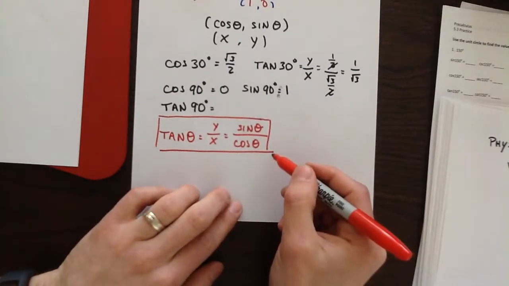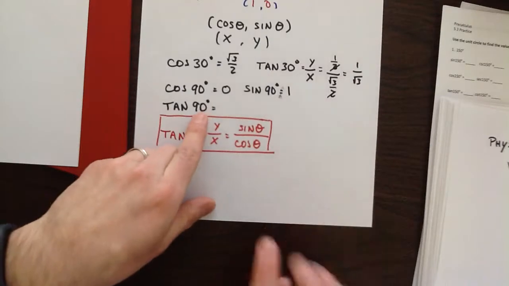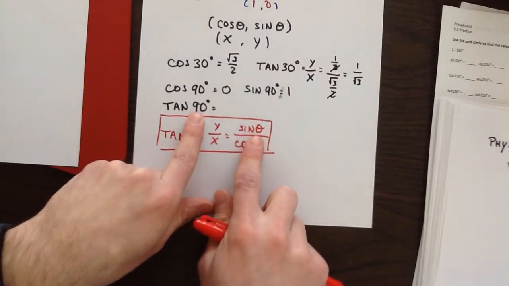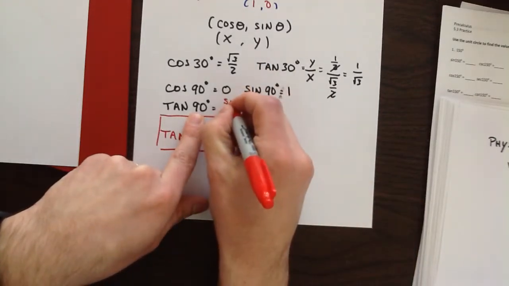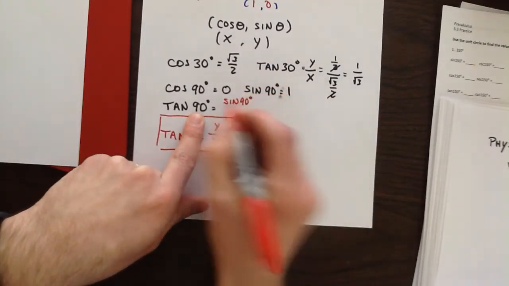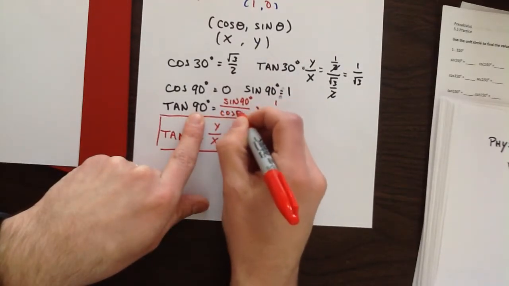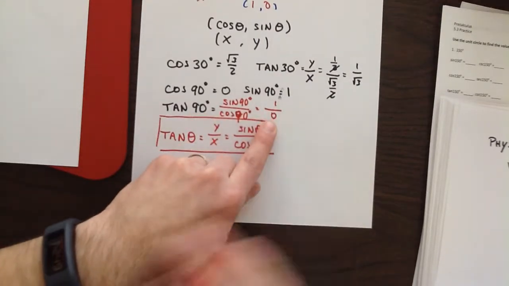So look, tangent, sine over cosine. Tangent of 90 degrees. What's the sine of 90 degrees? It's written right above it. It's 1. What's the cosine of 90 degrees? It's 0. What's 1 divided by 0?